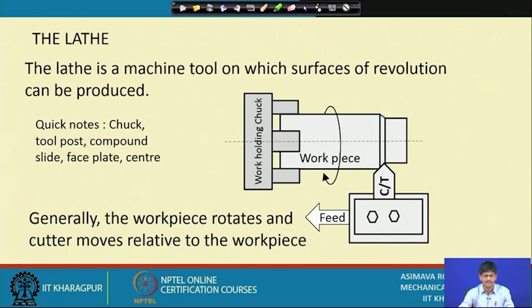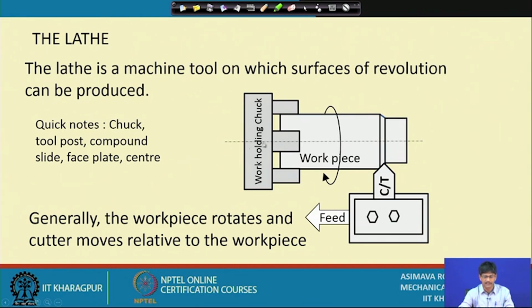If you refer to these quick notes, there can be different types of workpiece holding devices. We can have a face plate, and we can have the workpiece held between centers and a lathe dog. We can have a faceplate, which we have already mentioned.